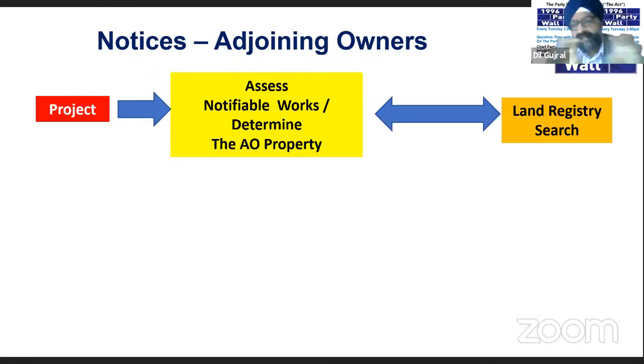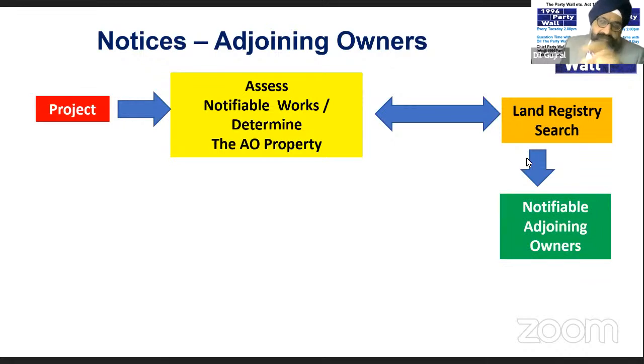It's a bit weird, so there's a bit of back and forth. It might be this way around, but anyway. If they could potentially be on the same property, you could have 2 owners that are notifiable. It probably goes around this way, but we'll have to look at that. Let me have a think on that. It made sense when I put this slide together anyway. So you get the notifiable owners.